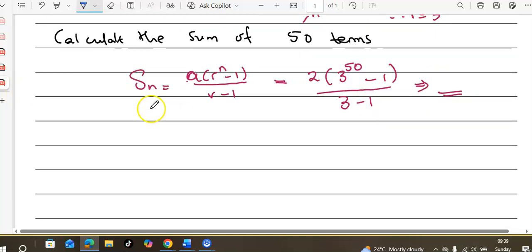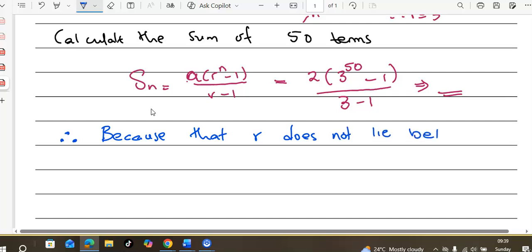So now, very important, listen to this. Look at this, because R does not lie between minus 1 and 1.